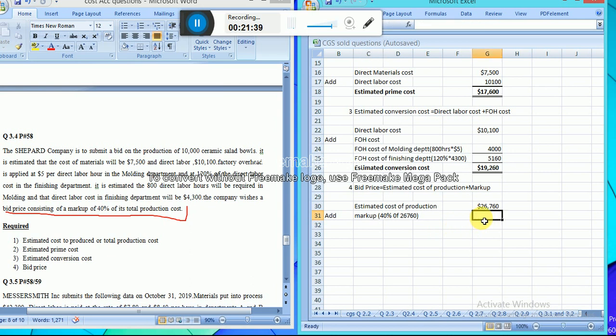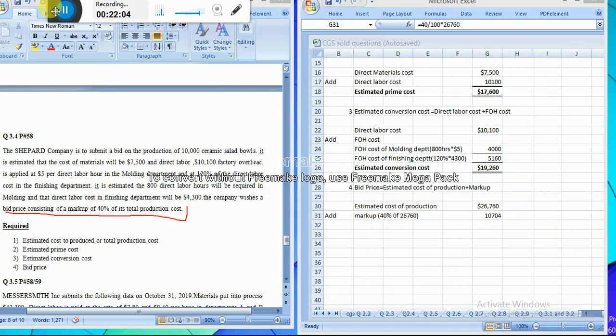So now we will find the 40% markup. 40 divided by 100 multiplied by 26,760 equals $10,704. This is the markup amount we calculated.